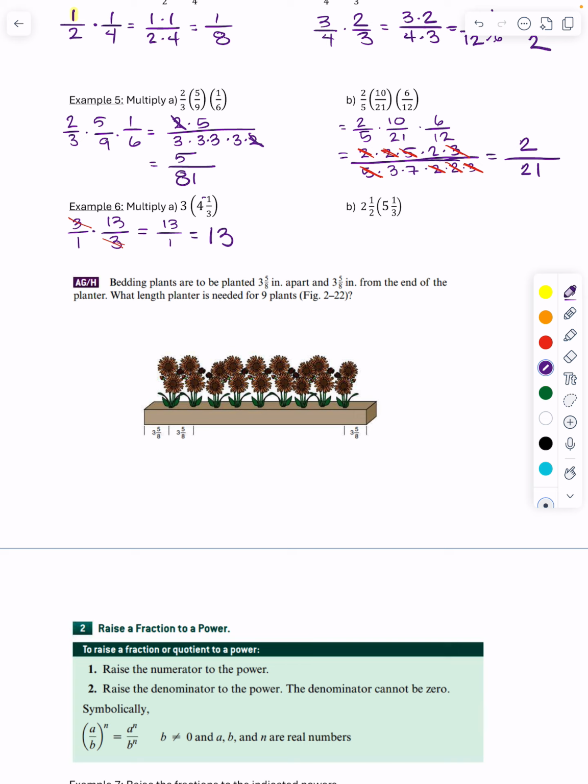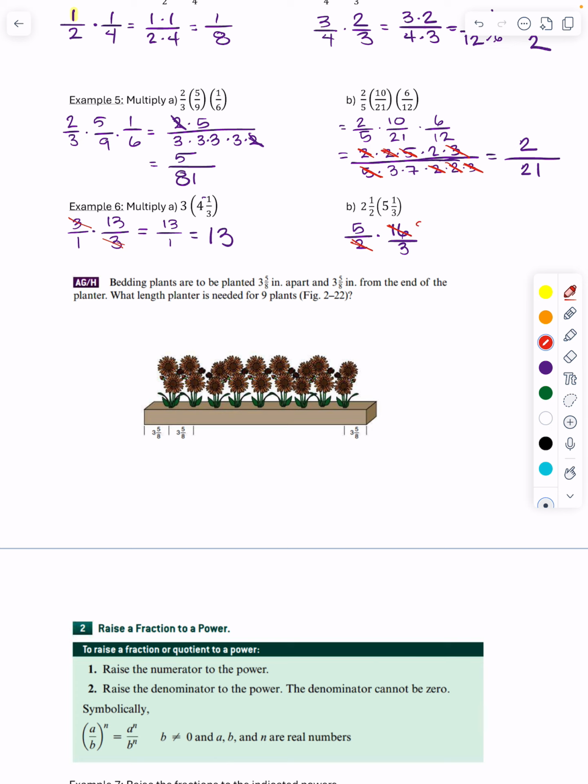Same thing with B. This would be a great time to pause and try this yourself, and then come back and see how your answer matches up. So I convert my 2 1/2 to 5/2. My 5 and 1/3, let's see, that's 15 plus 1, 16/3. I can cancel this 2, that's 2 times 1.